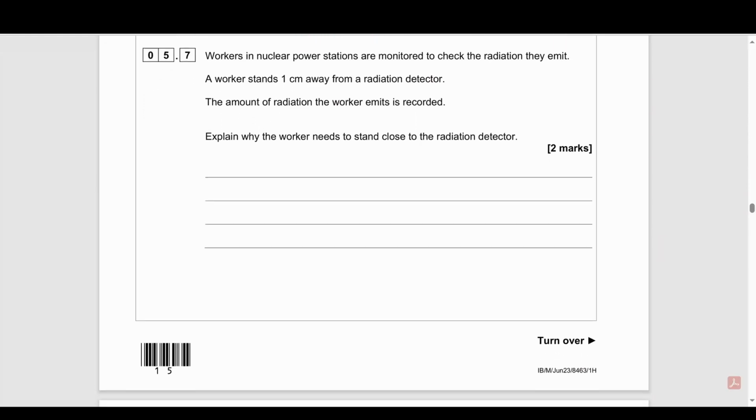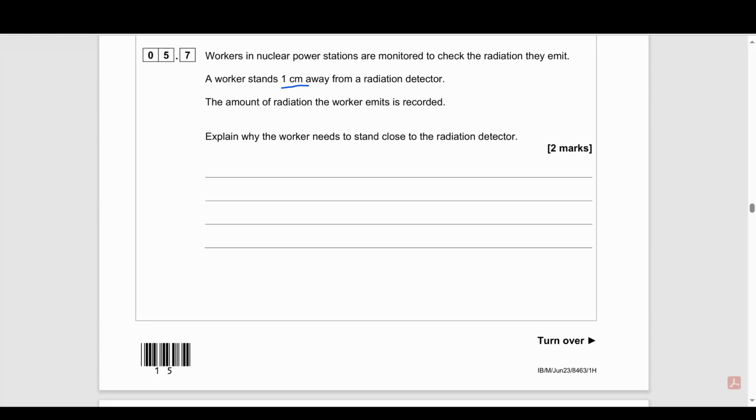Question 5.7. Workers in nuclear power stations are monitored to check the radiation they emit. A worker stands 1 centimeter away from a radiation detector. The amount of radiation the worker emits is recorded. Explain why the worker needs to stand close to the radiation detector.